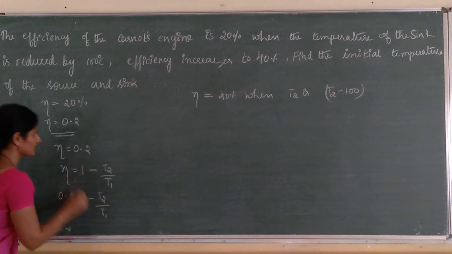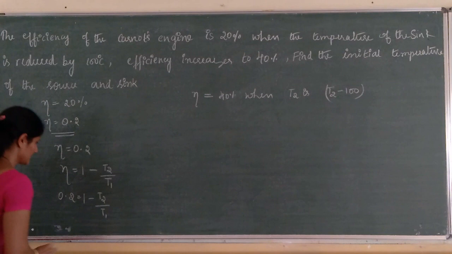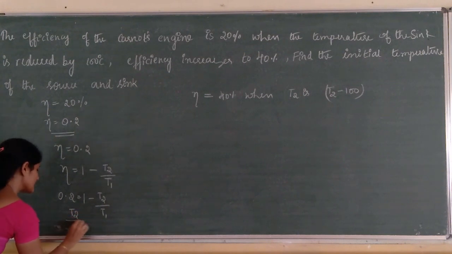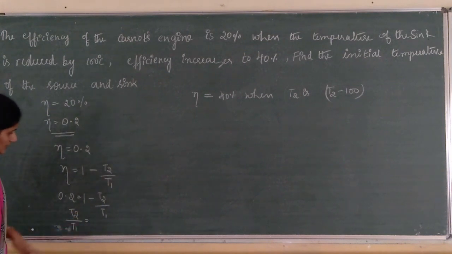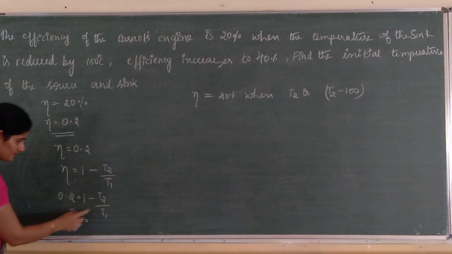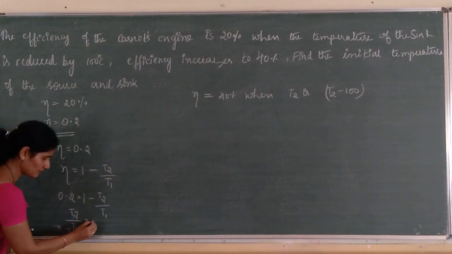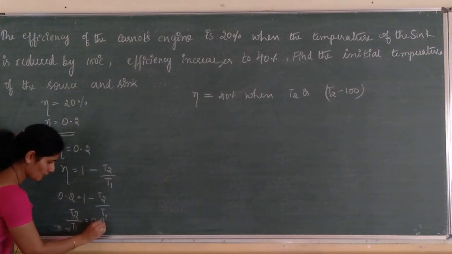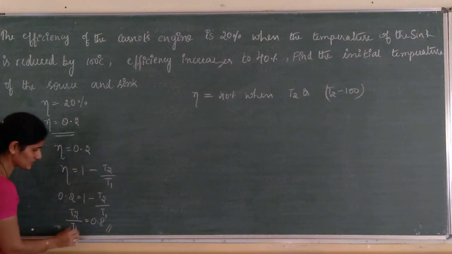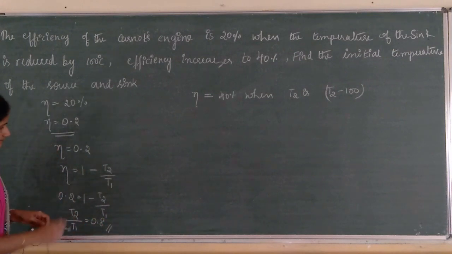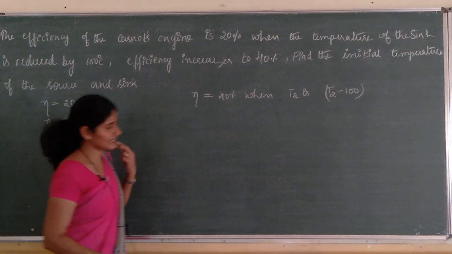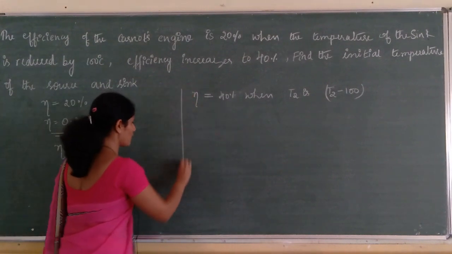I am writing this only for this data in the first case. Or T2 by T1 is equal to 1 minus 0.2. 1 minus 0.2 is 0.8. So T2 by T1 is 0.8. Let this stay like this.